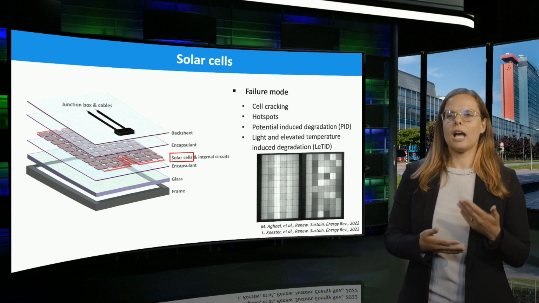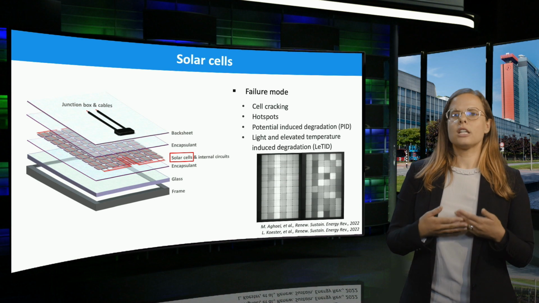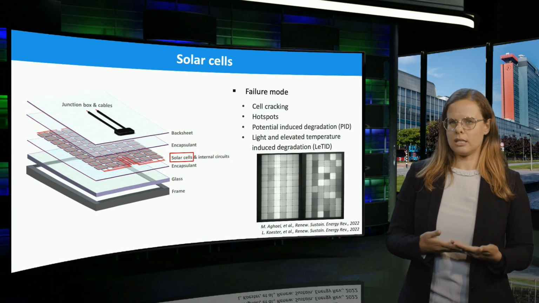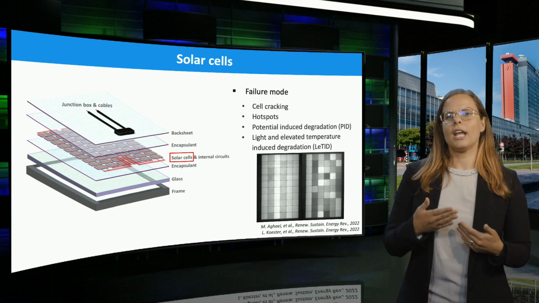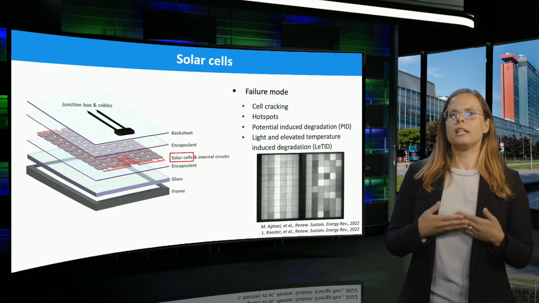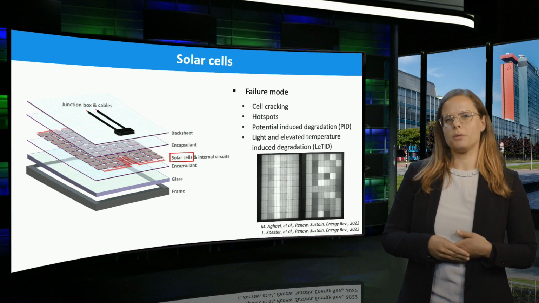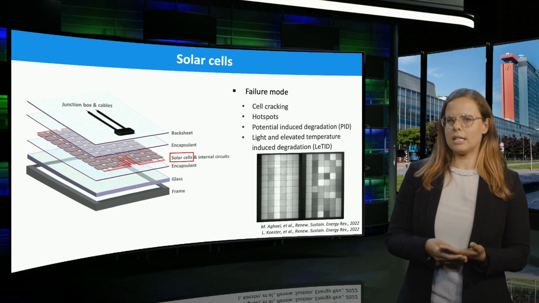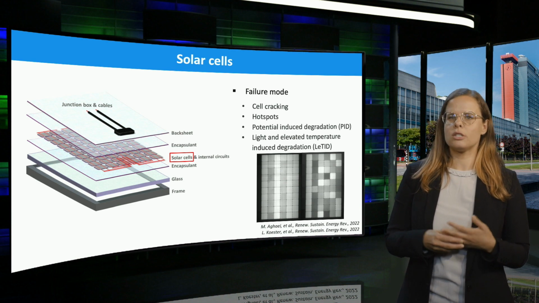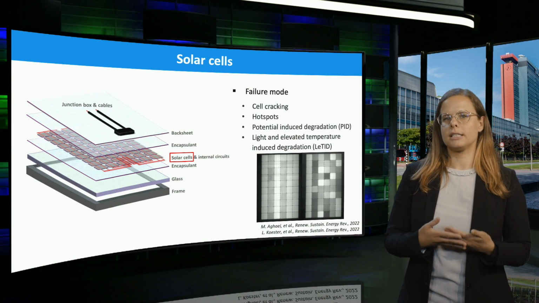Before LETID, solar cells show regular luminescence intensities, while after LETID, a disordered chess pattern can be observed. More details about light and temperature induced degradation will be given in the next lecture.